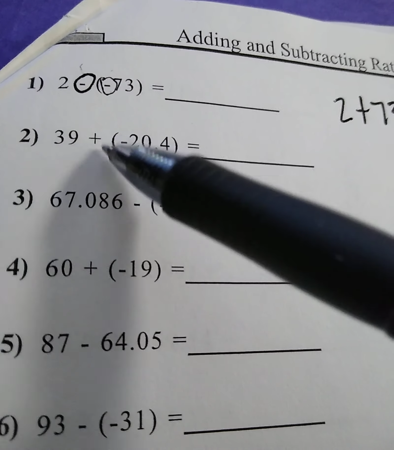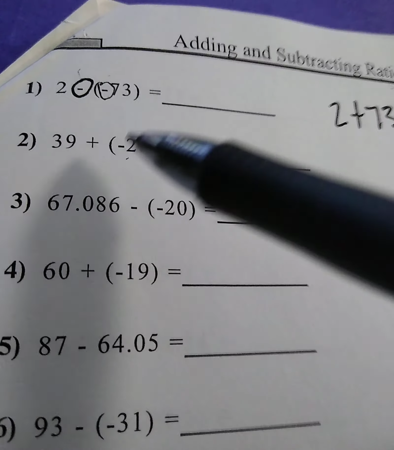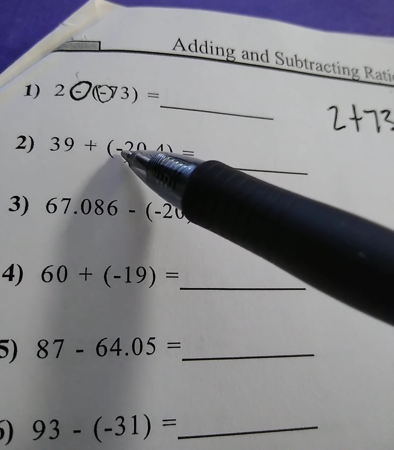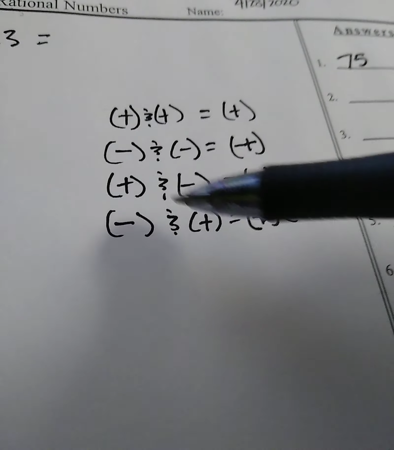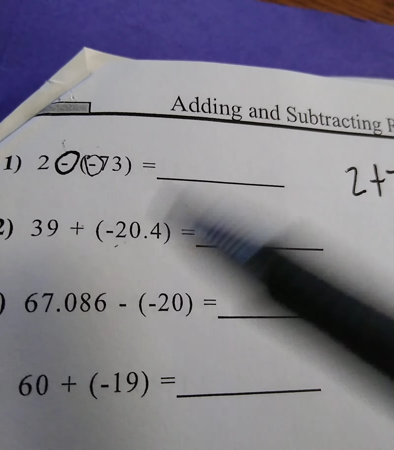So 39 plus negative 20.4, okay? A positive and a negative equals a negative. So this is 39 minus 20.4.